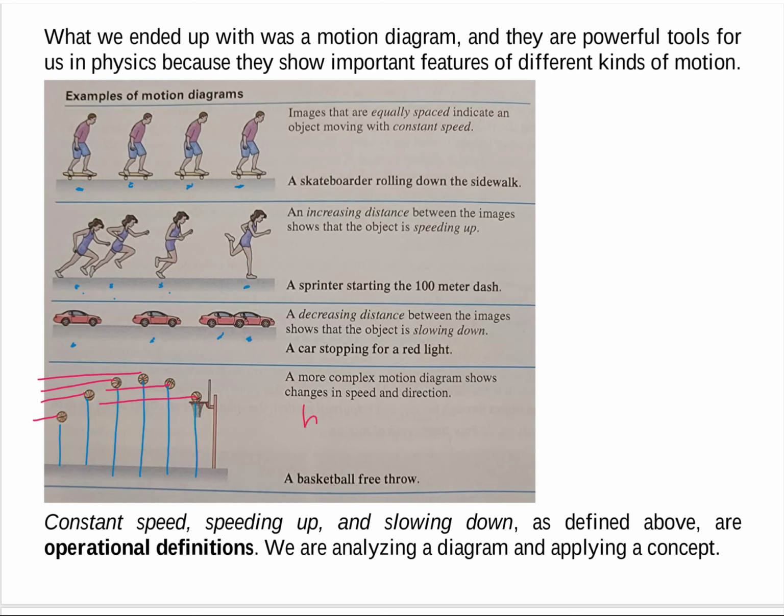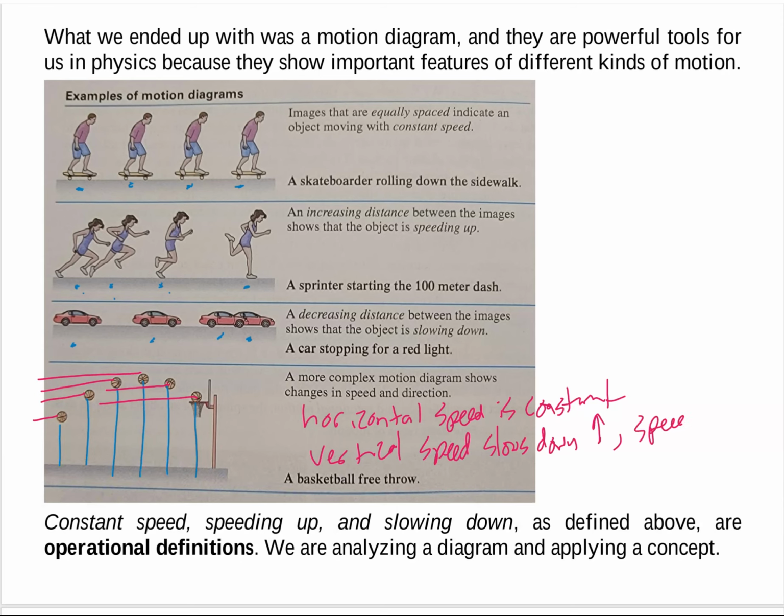Okay, good. So we said the horizontal speed is constant, and the vertical speed slows down on the up, speeds up on the down.